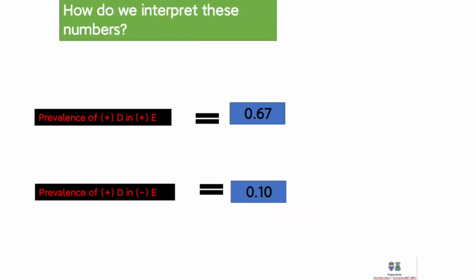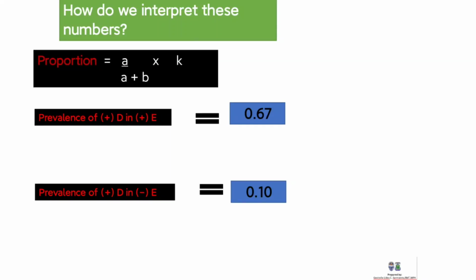Okay, now, how do we interpret these numbers? So, meron ka ng prevalence of the disease in the exposed group. Meron ka rin prevalence of the disease in the unexposed group. Or pwede rin natin sabihin na prevalence of COPD in smokers tsaka prevalence of COPD in non-smokers. Okay?